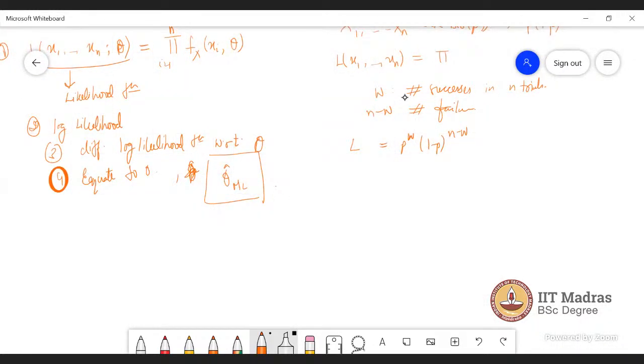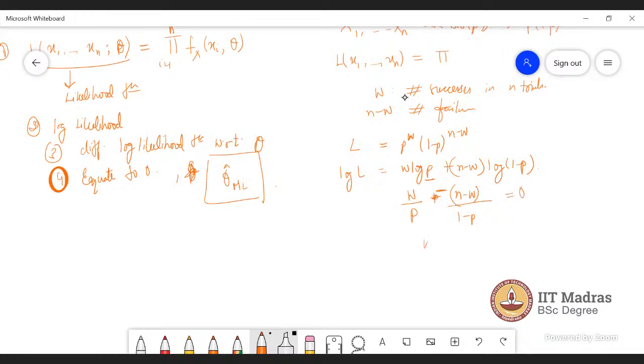Now the next step is the log likelihood. I will take log L, and it will be W log p plus (n minus W) log (1 minus p). After this, we differentiate the log likelihood with respect to the parameter. The parameter we have is p, so we differentiate this function with respect to p. It is going to be W divided by p minus (n minus W) divided by (1 minus p). After this, you equate it to 0.